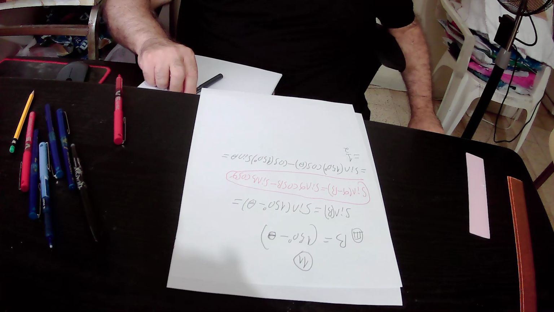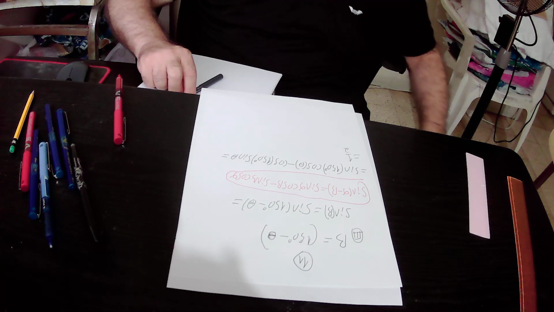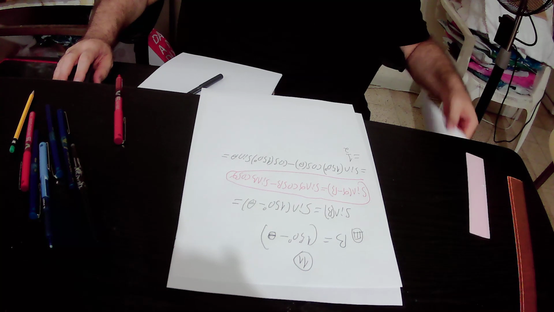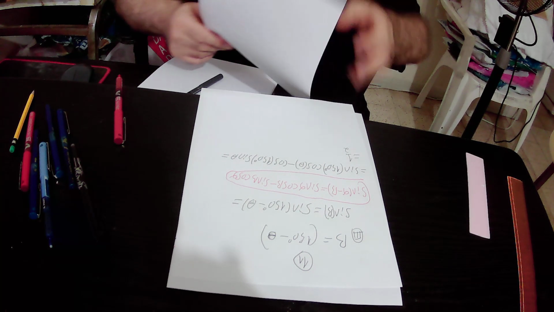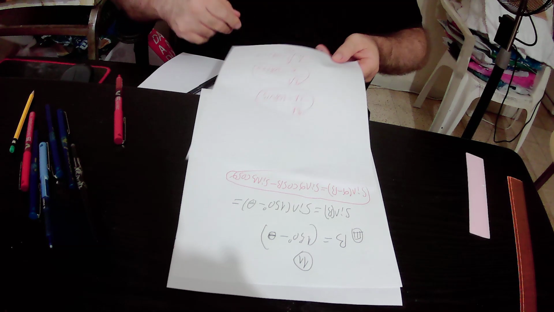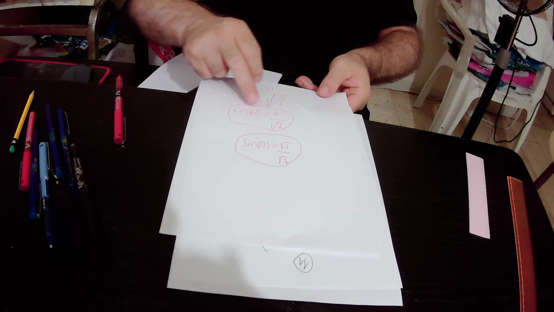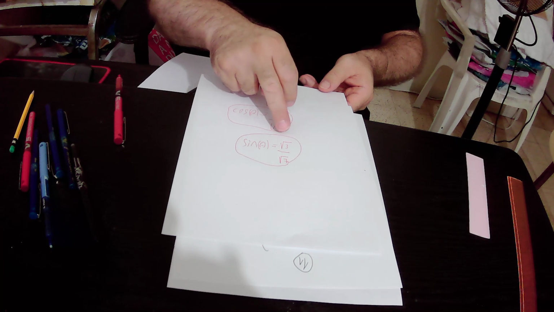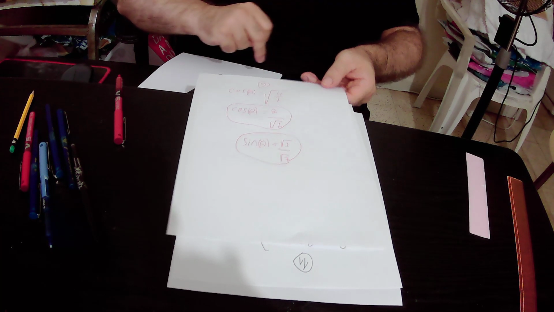And we actually found out that the value of cosinus theta is 2 over root 7 units, and the value of sinus theta is root 3 over root 7.